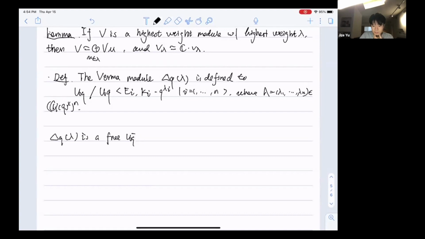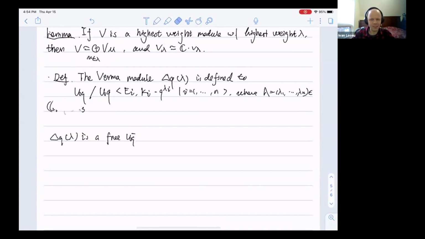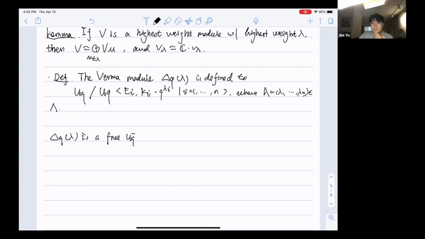To keep notations consistent, I suggest that you make λ a weight. Right, it's a weight, an element of the weight lattice. Good, of course it should be.